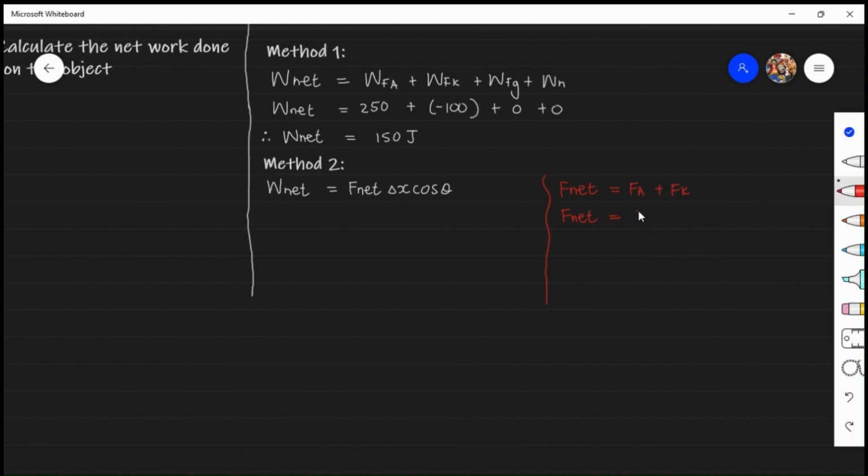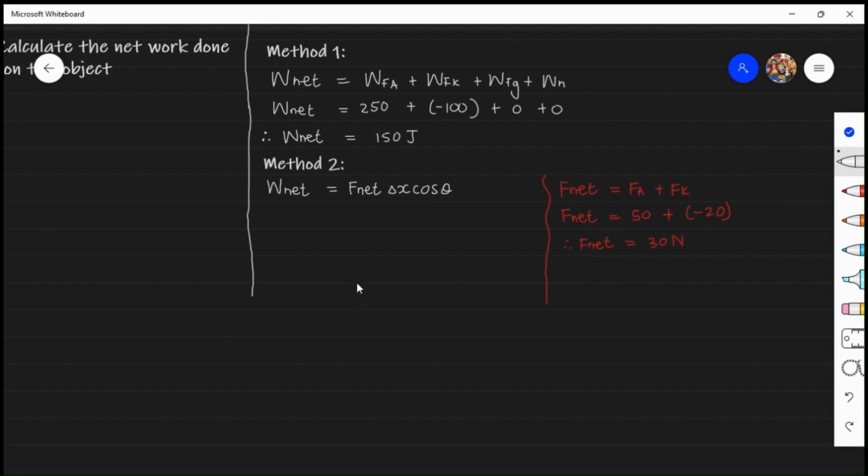So this is going to be positive 50 plus negative 20, and that will therefore give me my net force as 30 newtons.